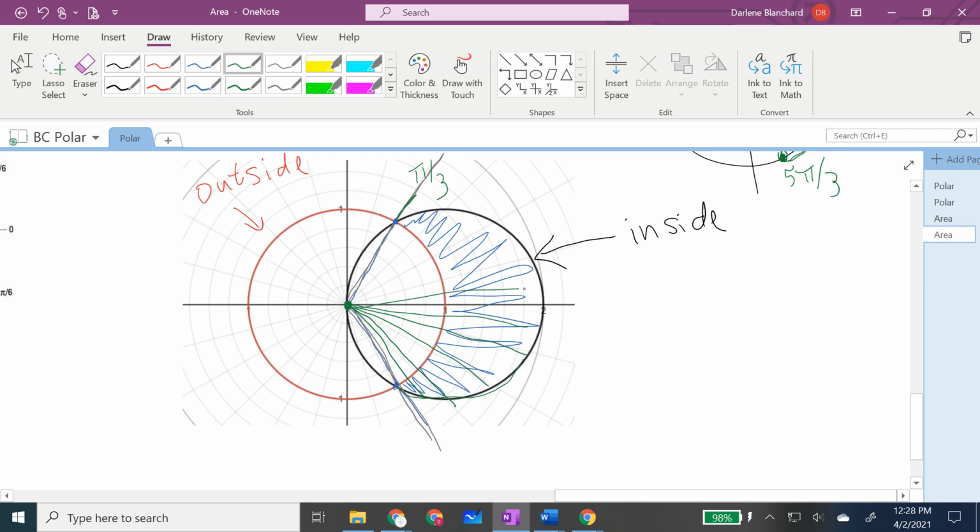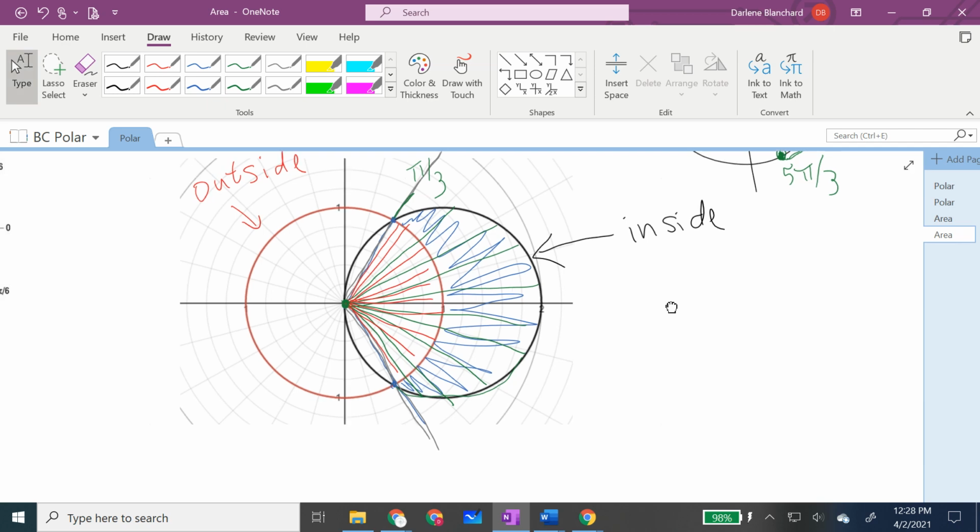I am going to get all of this area, which is more than I wanted. So I need the area in the black circle in between those angles, and then subtract from that the area inside the red circle, which I will create by integrating that red circle, or just finding the area of the circle and subtracting it. I should say the area of the sector.